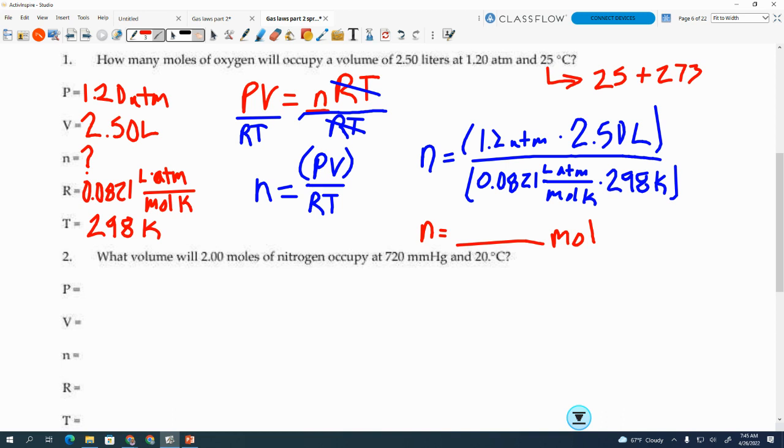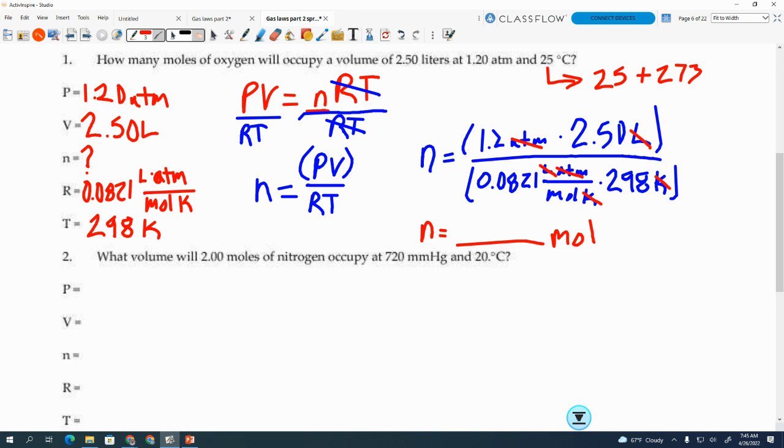They try to put numbers into that. That's not what we're looking for. What this solely is for is I have liters divided by liters, atmospheres divided by atmospheres, Kelvin divided by Kelvin. And so that leaves us with 1 over 1 over moles, which is just moles.